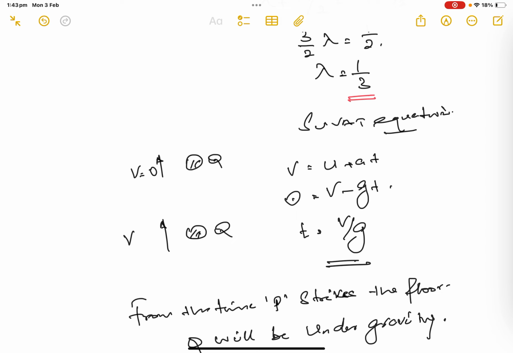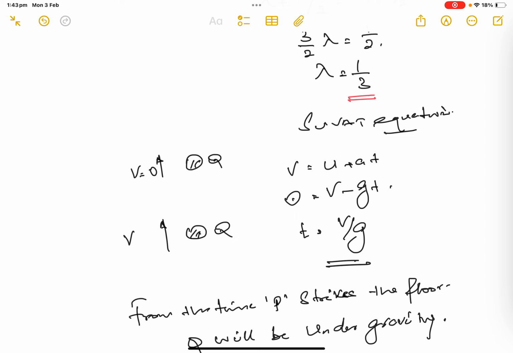From then on, Q will be under gravity, so it will go up until it reaches velocity 0. Gravity will bring the speed to 0.